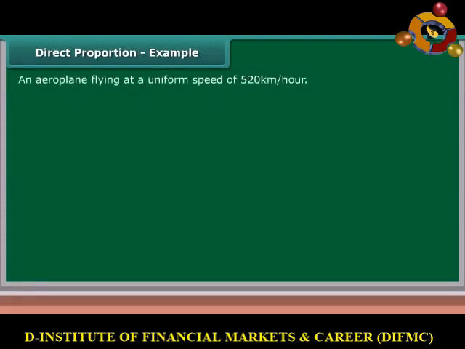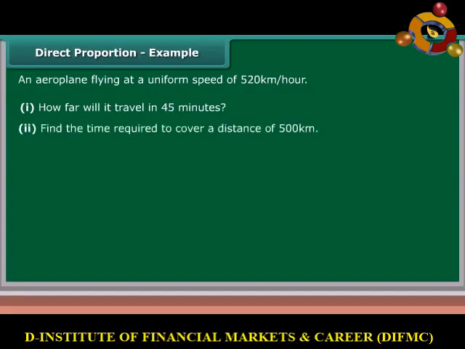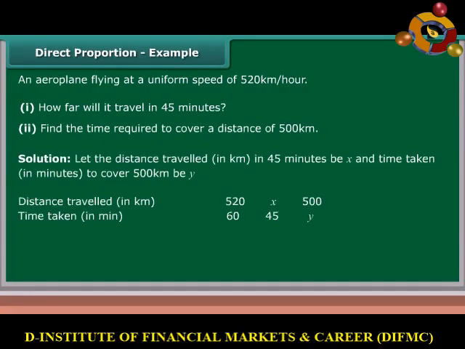Example: an airplane is flying at a uniform speed of 520 km per hour. How far will it travel in 45 minutes? Also find the time required to cover a distance of 500 kilometers. Solution: let the distance traveled in kilometers in 45 minutes be x, and the time taken in minutes to cover 500 kilometers be y.